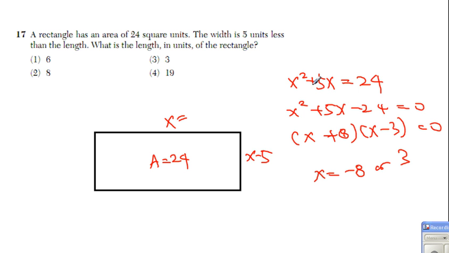I put it as x minus 5, but I left it as x plus 5. It should have been minus 5 here. That means this will be negative, while this one is positive. So it's positive and negative. x has to be equal to 8.